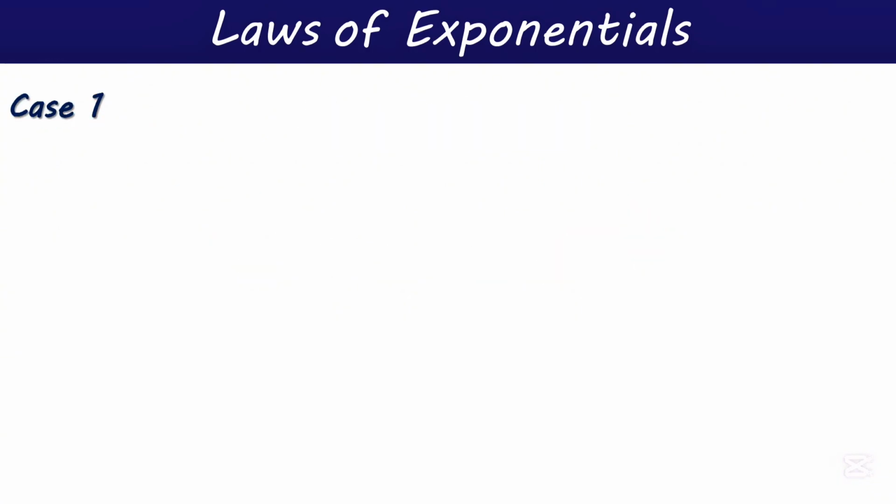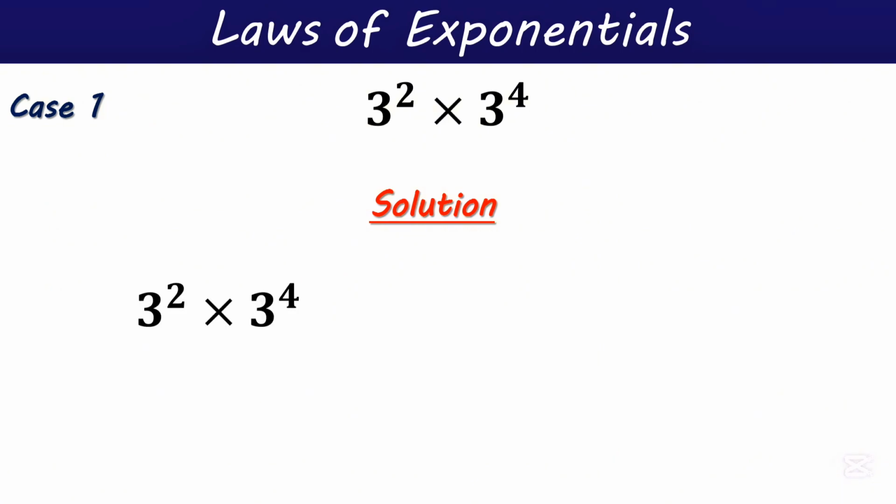Let's look at some cases. Case number 1, we have 3 raised to the power 2 times 3 raised to the power 4. Let's dive into the solution. In this case, what we are going to do is to pick the powers of the bases, which is 2 and 4.